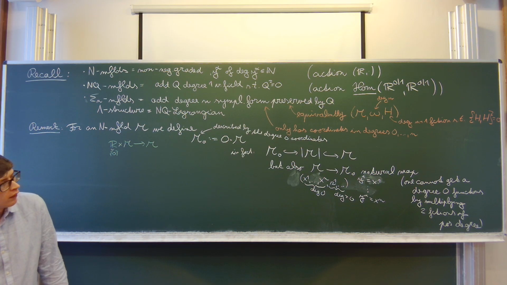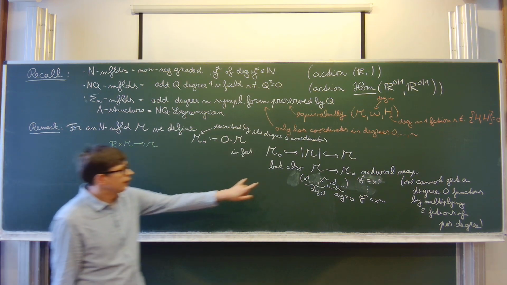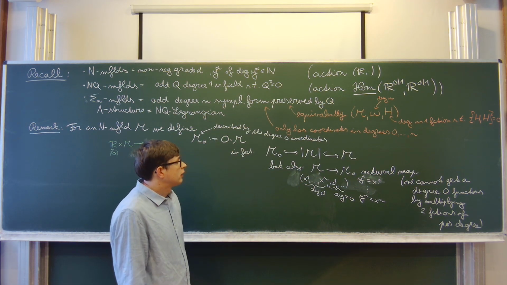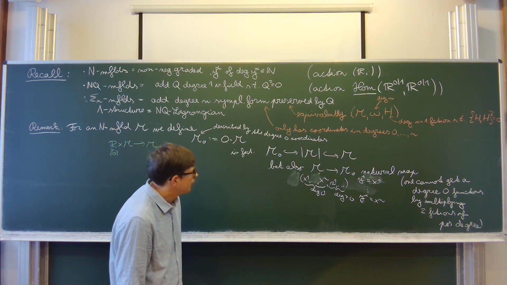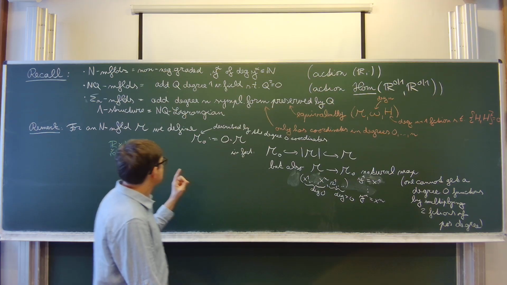Can I think of both M0 and the absolute value of M as just smooth manifolds? Yes. This one definitely. And this one too.